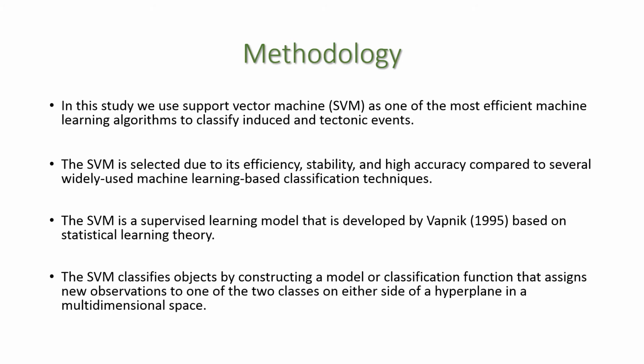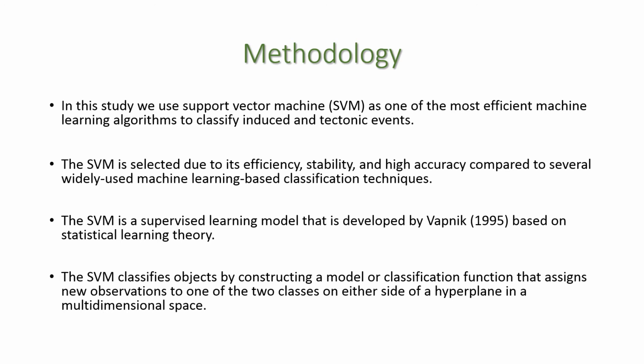For this study, we use support vector machine as one of the most efficient machine learning algorithms to classify induced and tectonic events. The SVM is selected due to its efficiency, stability, and high accuracy compared to several widely used machine learning-based classification techniques.